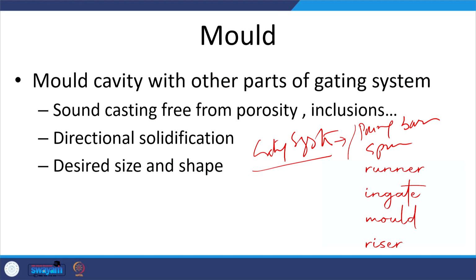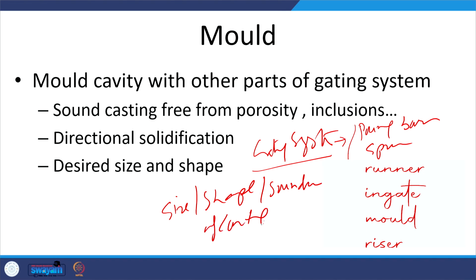The mold is one part of the gating system, but it is the one that determines the size, shape and soundness of the casting produced.